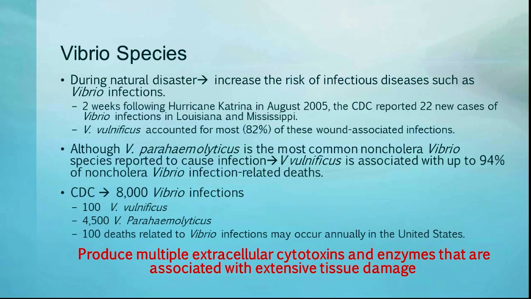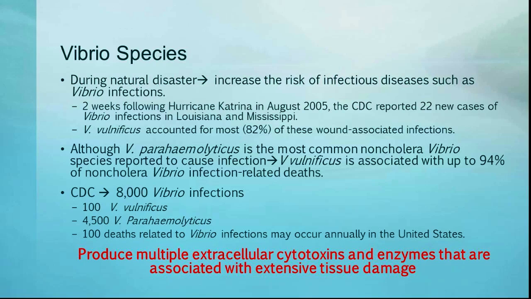So Vibrio parahaemolyticus is usually the most common species of this Vibrio family, or the non-cholera Vibrio family, so to speak. But interestingly, vulnificus is the one that causes the most mortality, about 94%. So although you'll see parahaemolyticus as being the most common, you'll see a lot of mortality from the vulnificus. So it's very important to identify it early enough and treat.